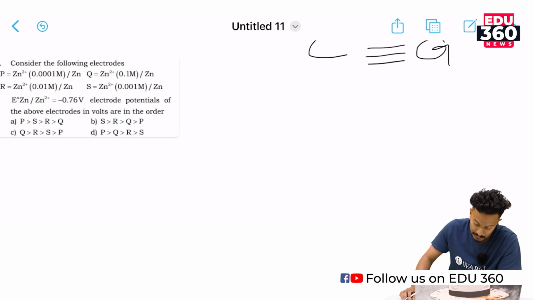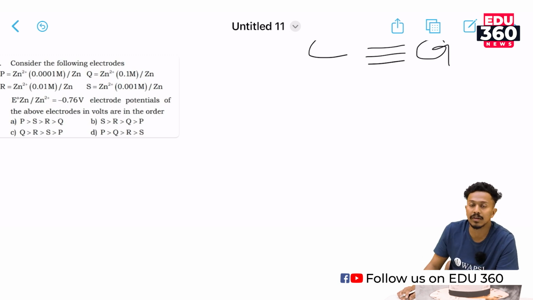So we could say that the highest concentration of the zinc ion gives the highest electrode potential.